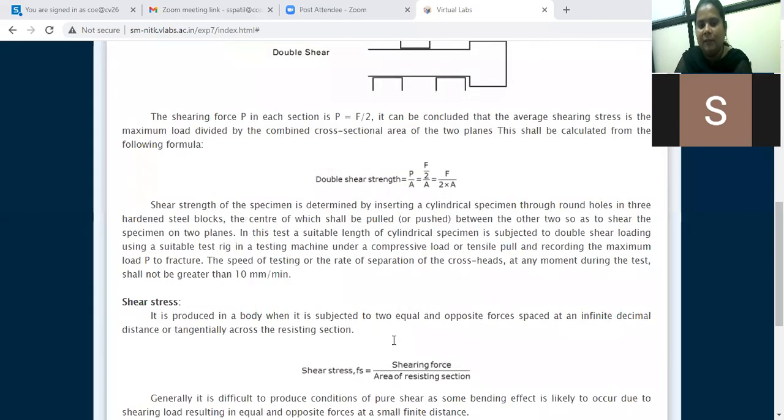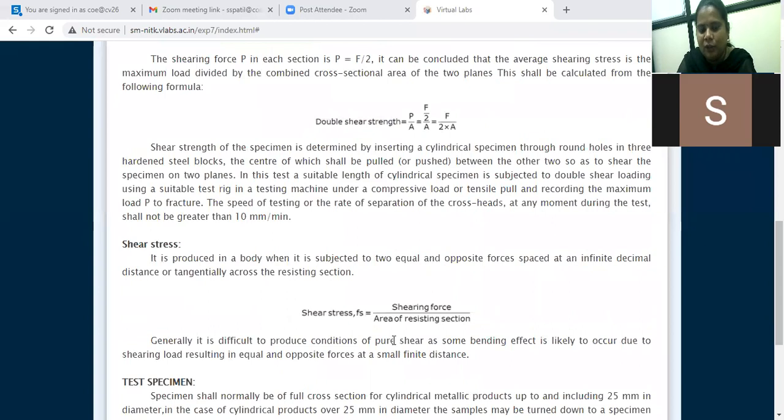After that, we studied what is meant by shear stress or shear strength. Shear strength means when we apply two equal and opposite forces along the cross-section area, or tangential to the cross-section area. In shear stress, the applied force is not perpendicular to the cross section; it is along or tangential to the cross section.